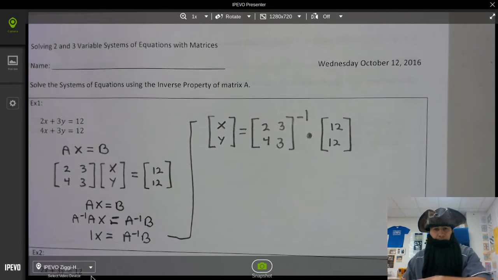All right, so we're going to put that in our calculator.